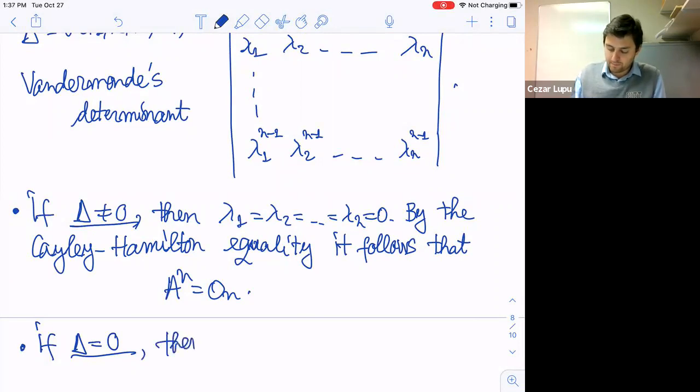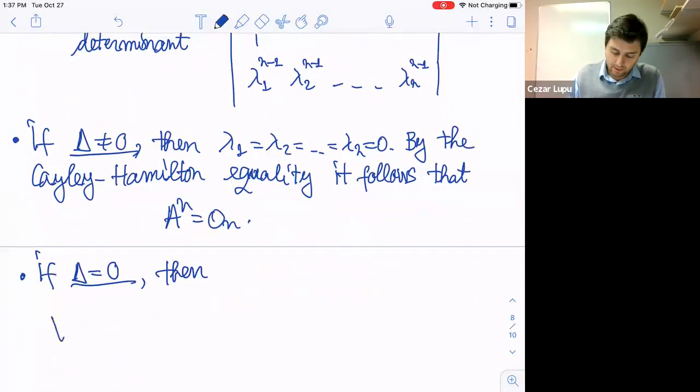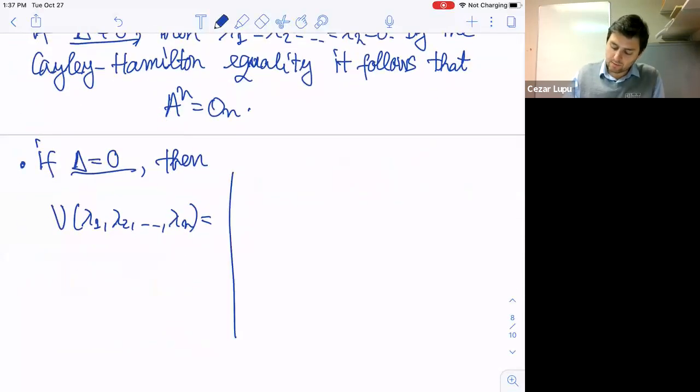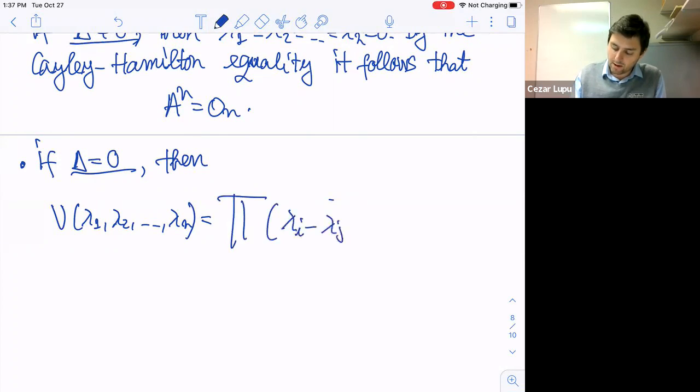This determinant V of lambda 1, lambda 2, lambda n can be computed, and it is a product of all lambda i minus lambda j.